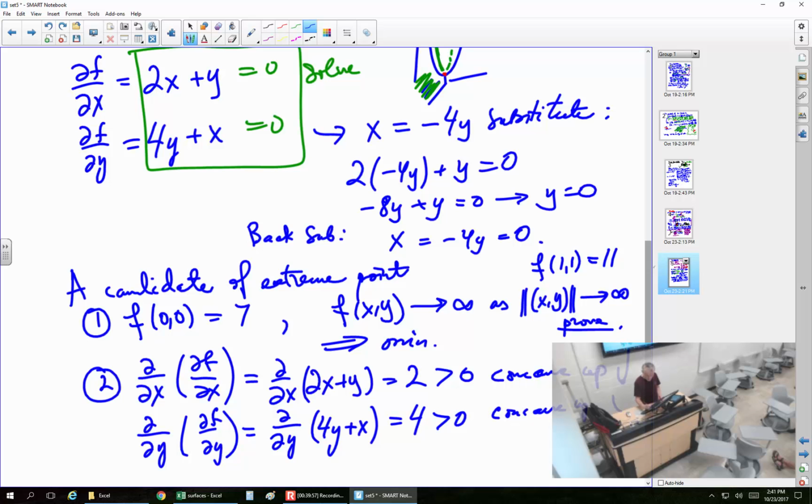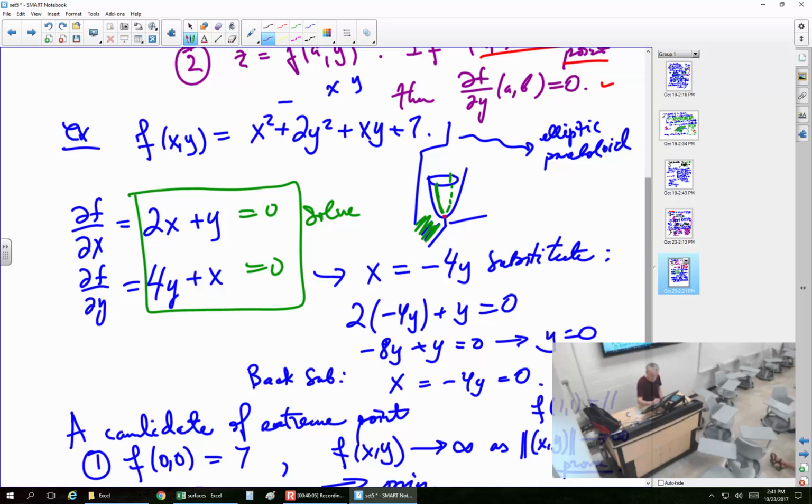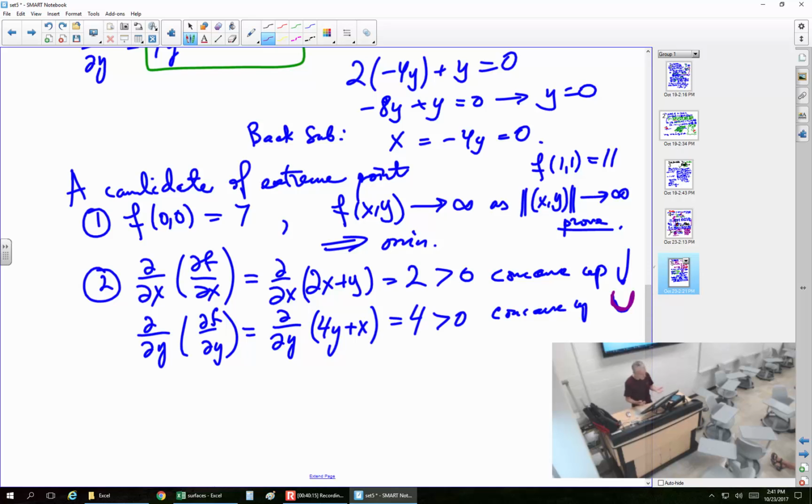So the other one is looking like this. If I'm cutting my plane along this direction, I end up with another parabola, and I discover that at the point of interest at the bottom, it is concave up.